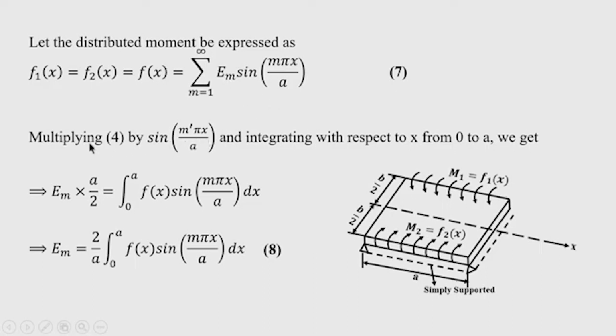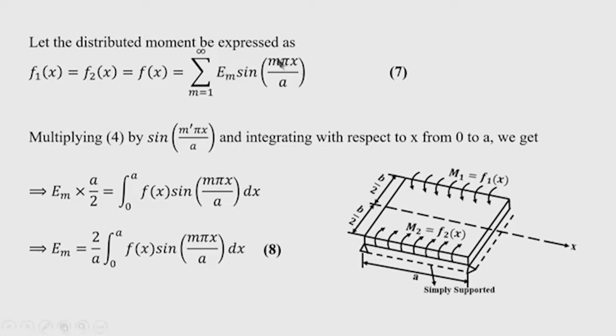Now, in that case, if I multiply this equation by sin m dash pi x by a and integrate with respect to x from 0 to a, because of integration with respect to dx, this integral will be sin square m pi x by a dx, and due to the orthogonality condition of the sine function, you know that the integration of sin square m pi x by a dx with limits 0 to a will be a by 2.